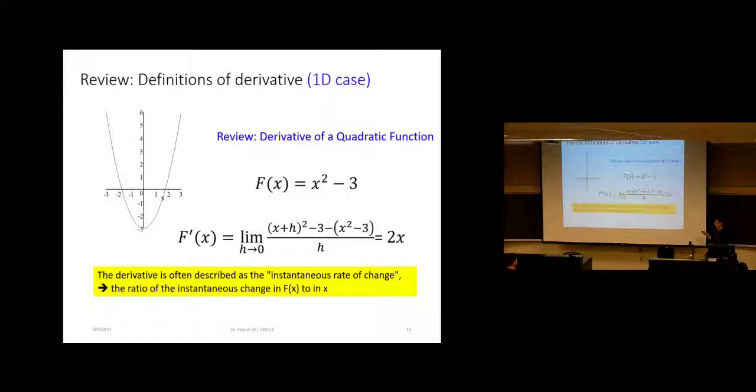Easily we can derive for a quadratic function, in this case x quadratic minus 3, its gradient at each point is 2x. And you must already have memorized a lot of equations about generic popular functions' derivative functions. The quadratic function's gradient is 2x.